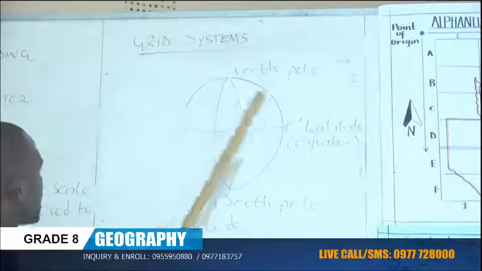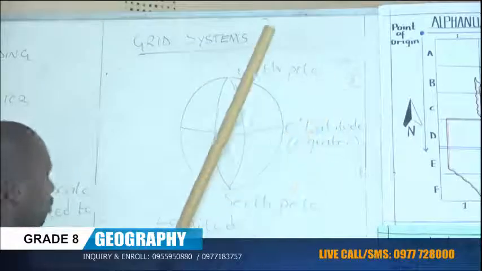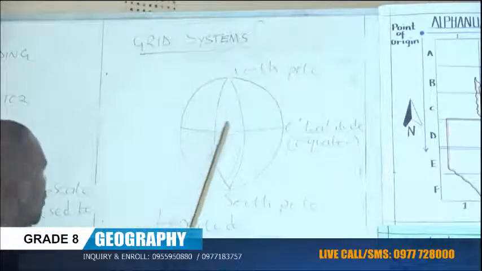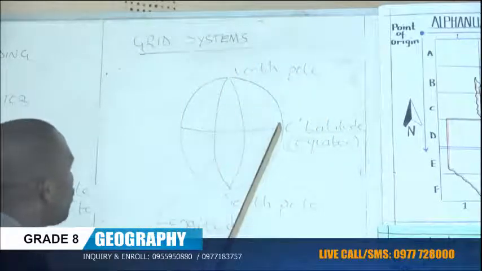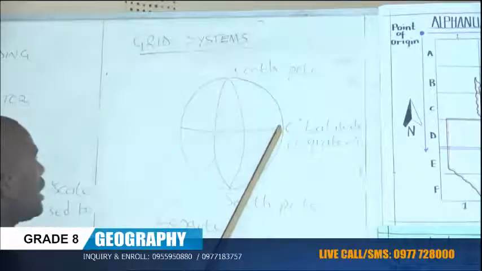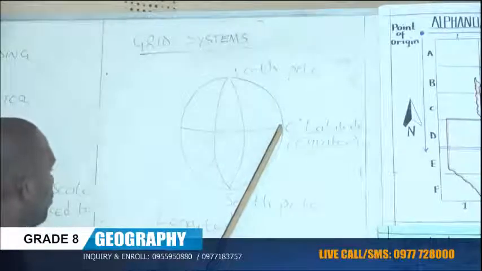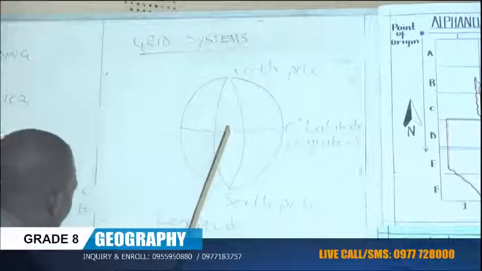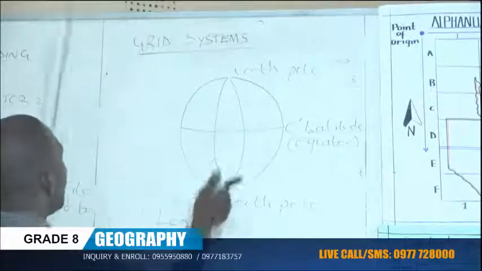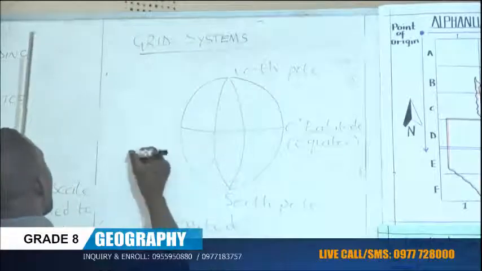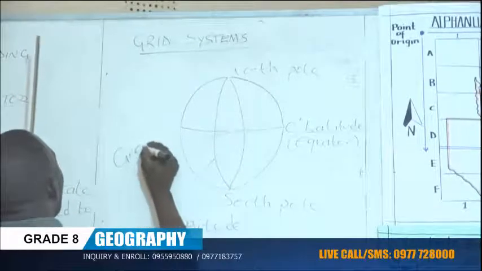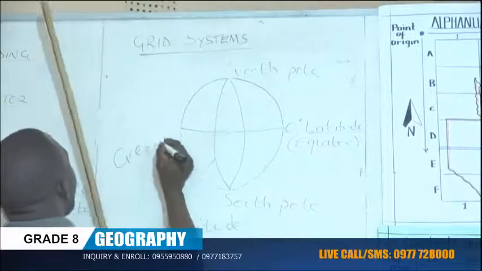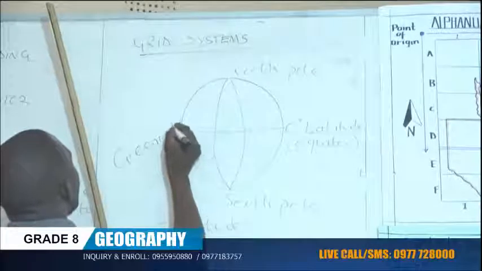Now, at the 0 degrees Greenwich meridian, if you move from this center to the east, you will have reached 180 degrees east. Some people might wonder, what is Mr. Cheo talking about?